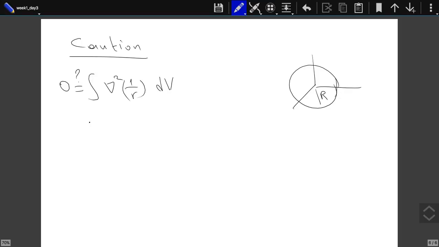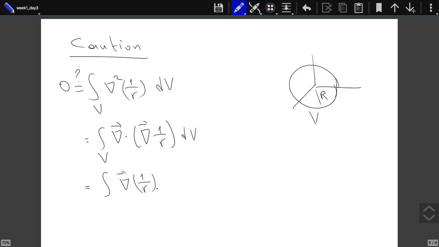Let's calculate it in a different way. This is my volume V. This is equal to, well, the Laplacian we had defined as the divergence of the gradient of 1 over r. But the integral of the divergence of a vector field over a volume, we can replace by the integral of the vector field over the surface of that volume.